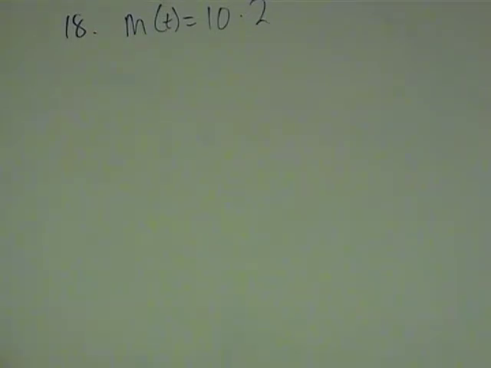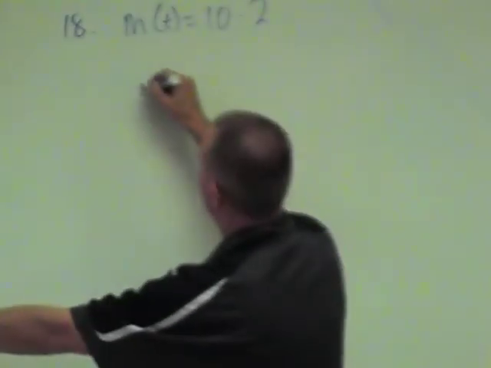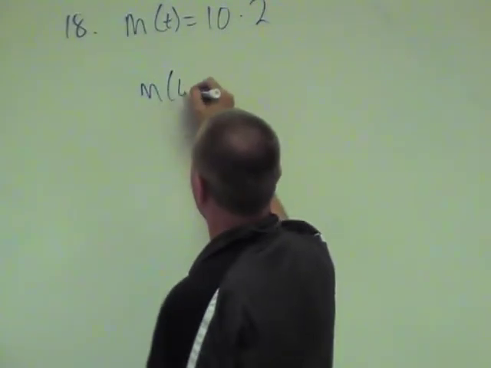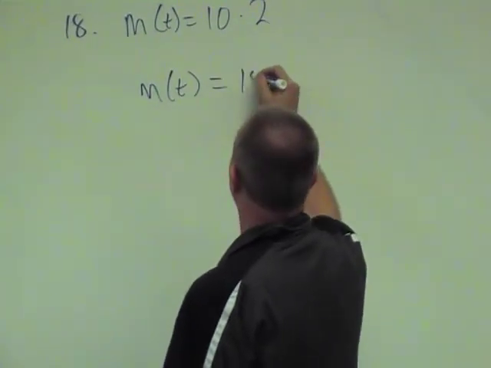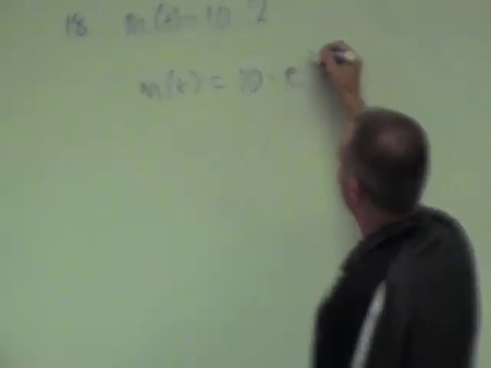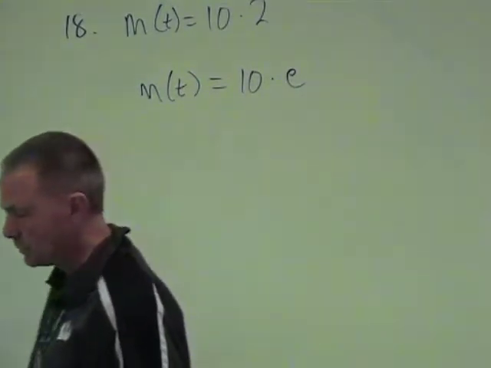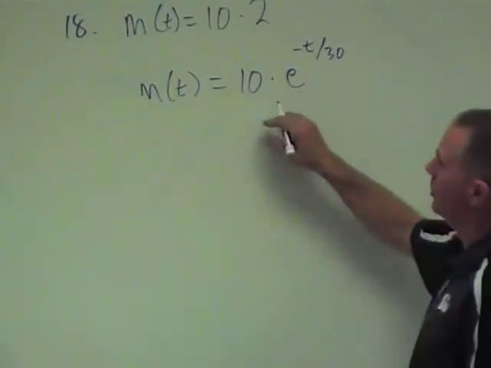B, find a function. We're going to use this next function, which is a decay model. M of t equals m of 0 times e to the negative r times t. That models the mass remaining after t years.